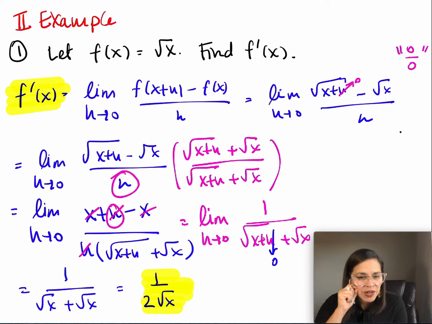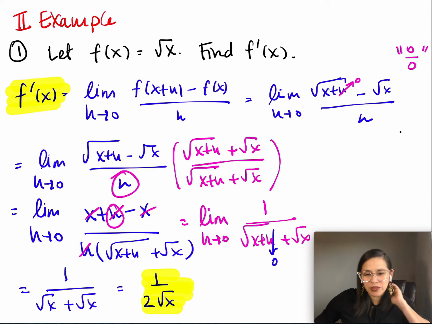Can you think of a value of x that, if you plug it into the derivative, is undefined? Yeah, the answer is 0. In this case in particular, the domain of root of x is all real numbers greater than or equal to 0, but the derivative is not defined at 0.